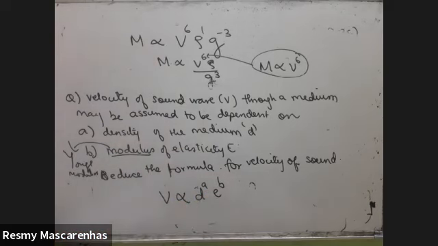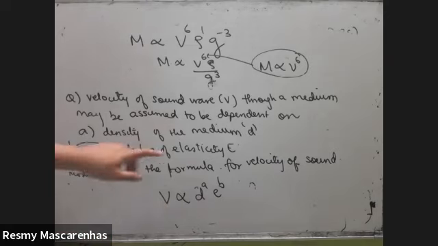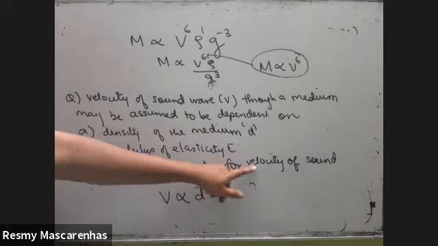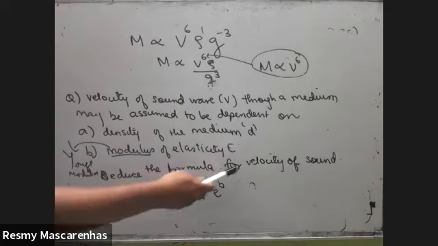And then start. Deduce the formula for velocity. Velocity of sound means you have to find what velocity is related to. Don't put an extra v here just because there is velocity again. Therefore, find a formula for velocity.